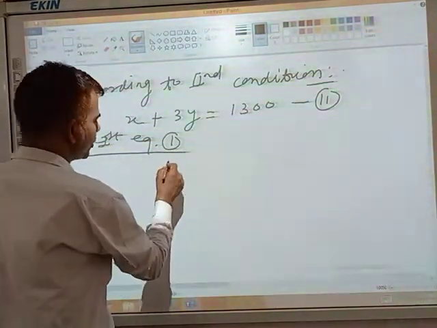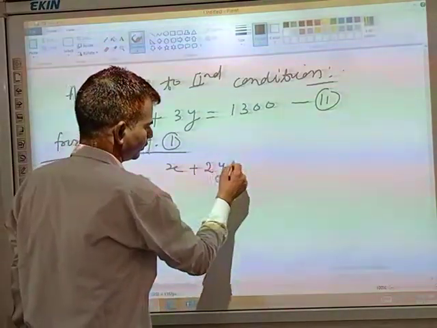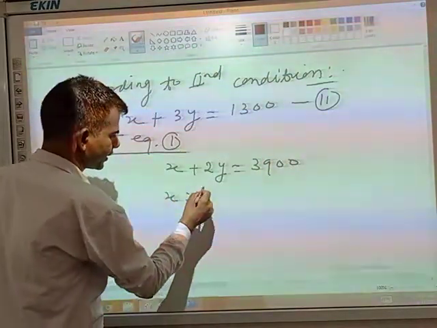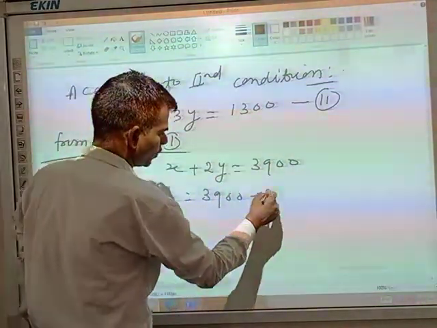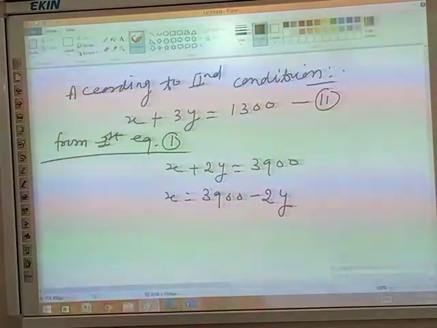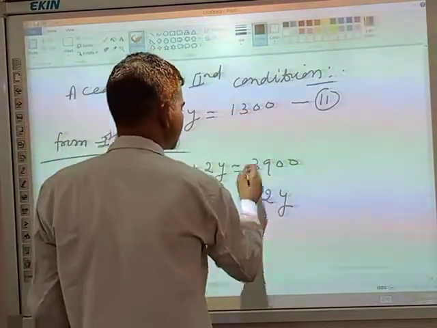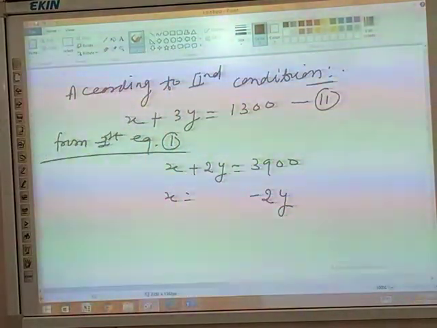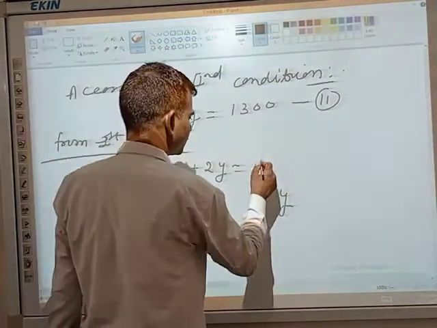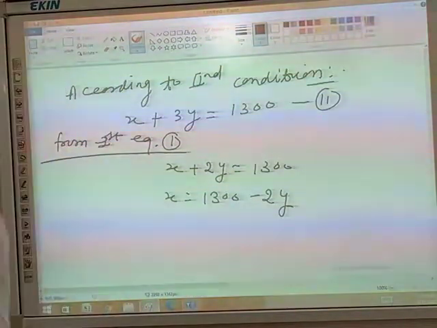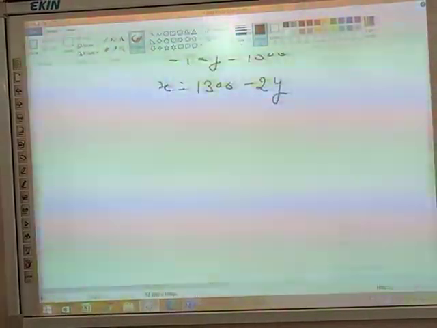So x is equal to 1300 minus 2y. Now students, make a table.